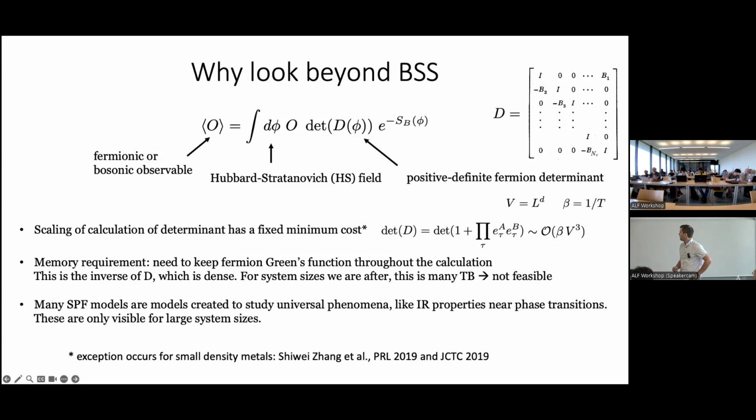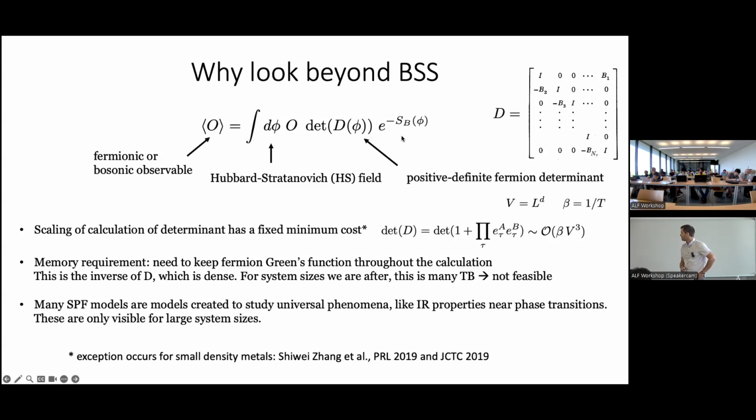It has this form, where these blocks are all labeled by the time index. These are sign problem-free models, so in this case I'm only going to be considering the cases where this determinant is positive definite.